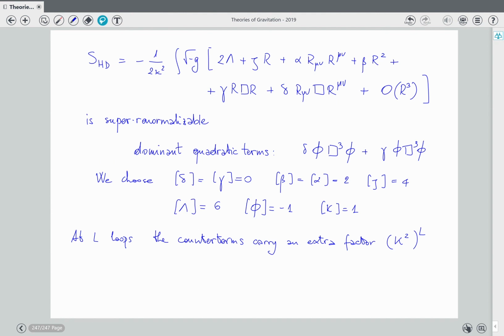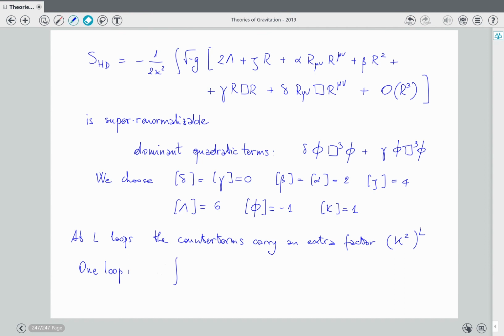Well, you cannot construct many invariants with this. At 1 loop you have a k squared which has dimension 2, and now you have an extra factor with respect to 1 over k squared, so that means you have nothing.